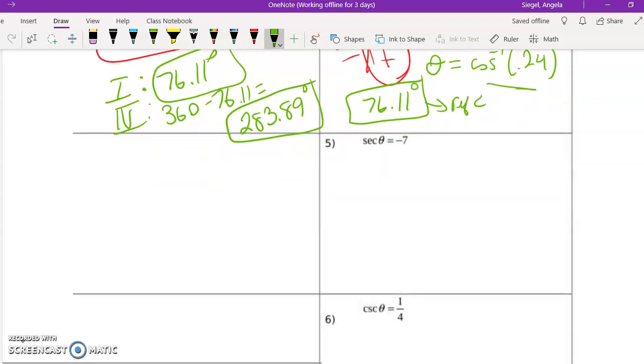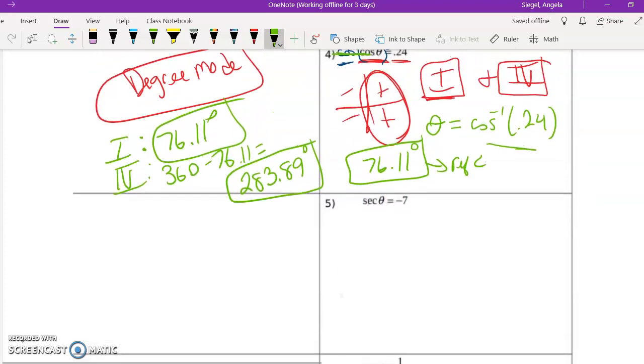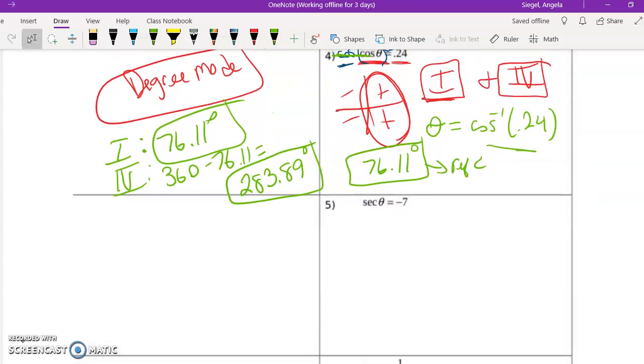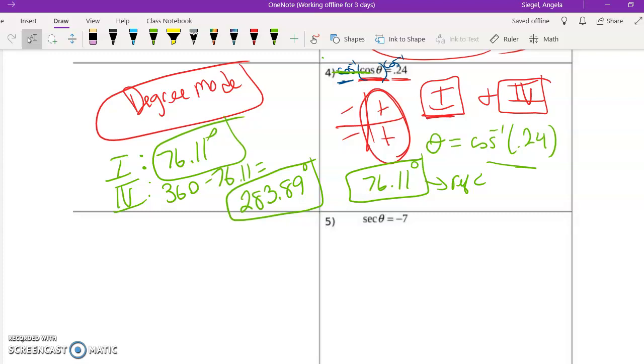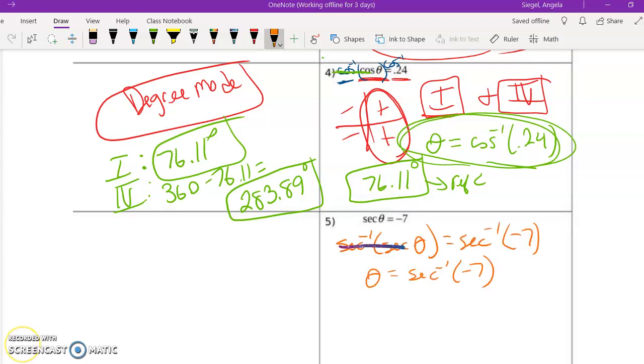Let's go ahead and do another one. So secant. What I want you to do is get it to this point here, and then we'll take it from there. Okay, so hopefully you were able to get to here. That's just doing the same thing that we did up there.